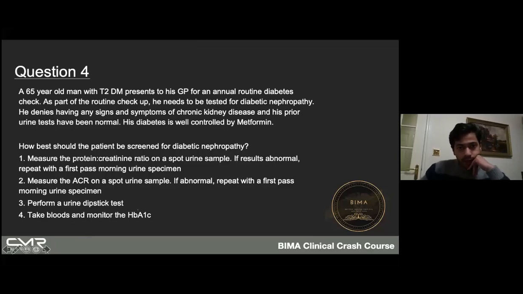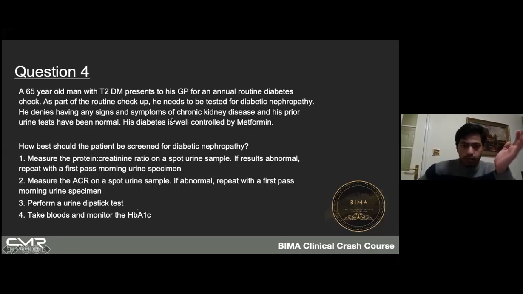Good. A lot of people have answered, and I'm glad everyone has been listening, because everyone has pretty much put B. So that's good, and that's very right. You would have to measure the ACR on a spot urine sample first, and if it's between 3 and 70 milligrams per deciliter, then you'd have to repeat it.